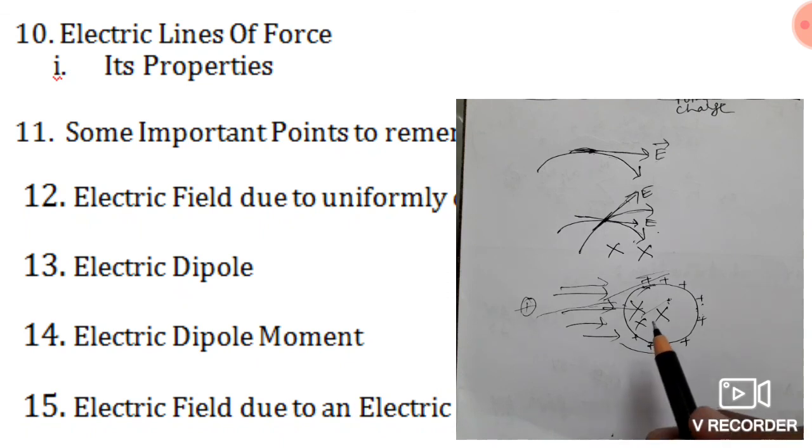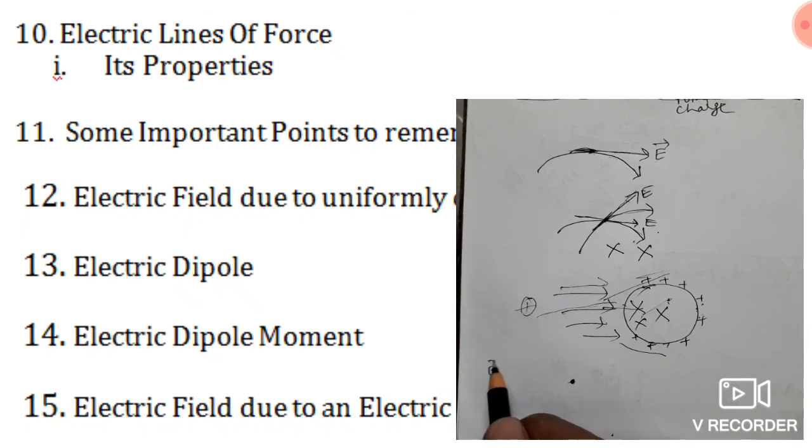And one more important thing, if we want to determine the magnitude of electric intensity at a point, here a point is given, what do we have to do? We have to consider a unit area around this point.